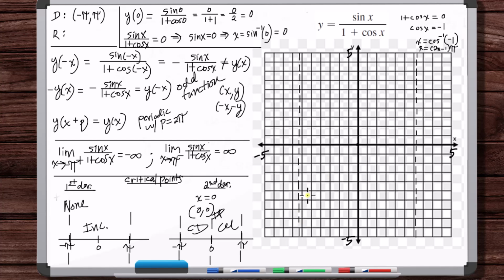All right, so we can do that behavior like that. Okay. So that's the asymptote behavior. Now, the only special point here is at the origin. The slope does not become 0. The only thing that happens is the concavity changes. I don't want to make the slope 0. It's not 0.